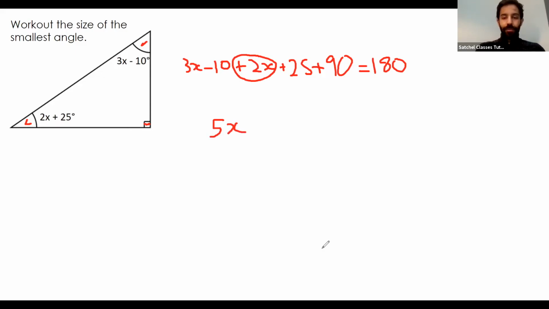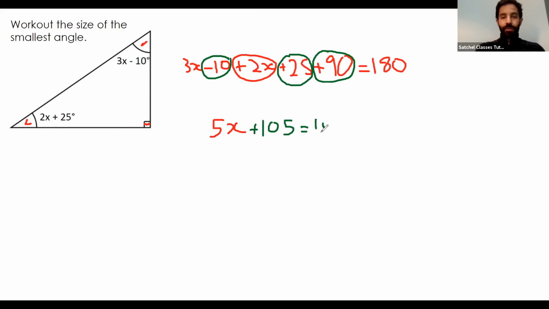And then we have, so I'll use a different color pen, we have minus 10 plus 25 plus 90. So minus 10 plus 25 is going to be 15. And then 15 plus 90 is going to be plus 105.